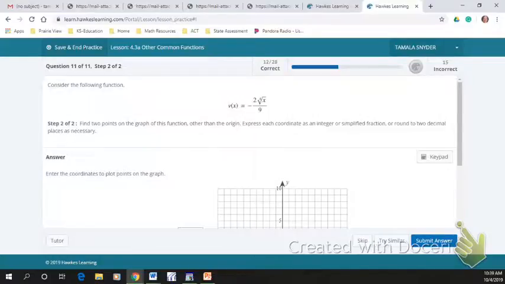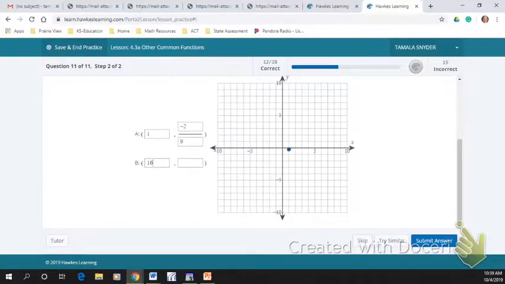But we said the fourth root of 16 is 2, so let's see if it'll take -4/9. Does that make sense? Submit. It liked it.